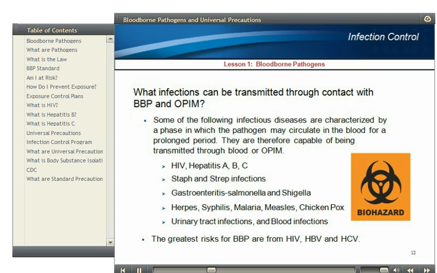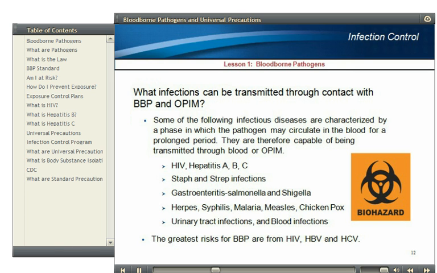What infections can be transmitted through contact with BBP and OPIM? Some of the following infectious diseases are characterized by a phase in which the pathogen may circulate in the blood for a prolonged period. They are therefore capable of being transmitted through blood or OPIM. HIV, hepatitis A, B, C. Staph and strep infections.